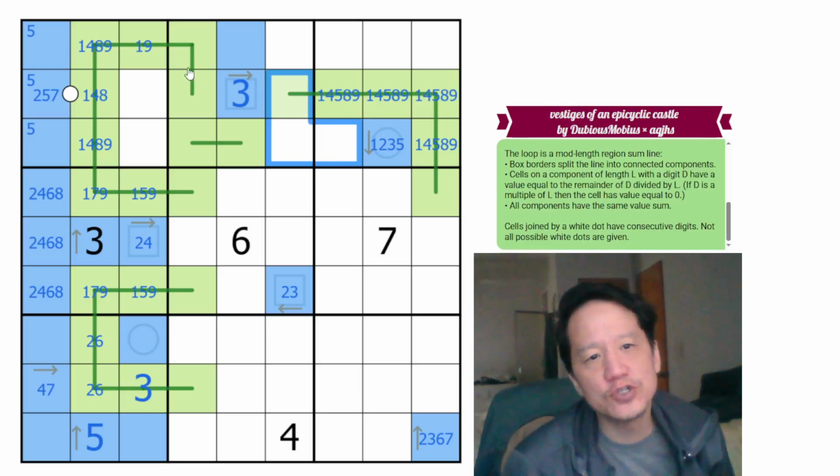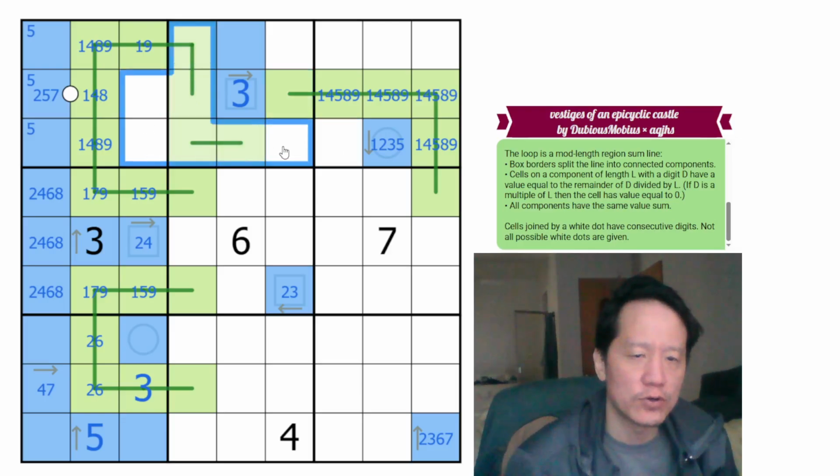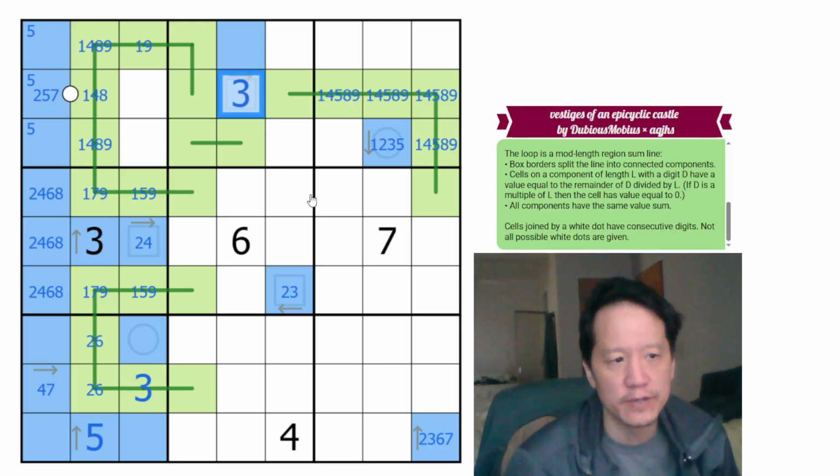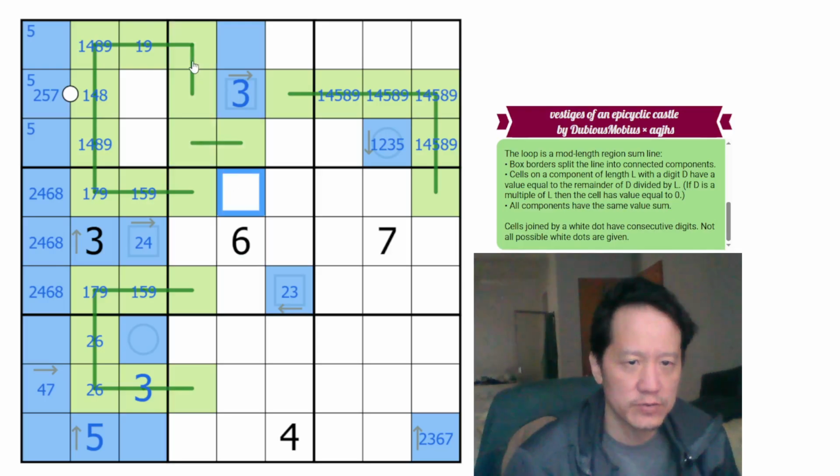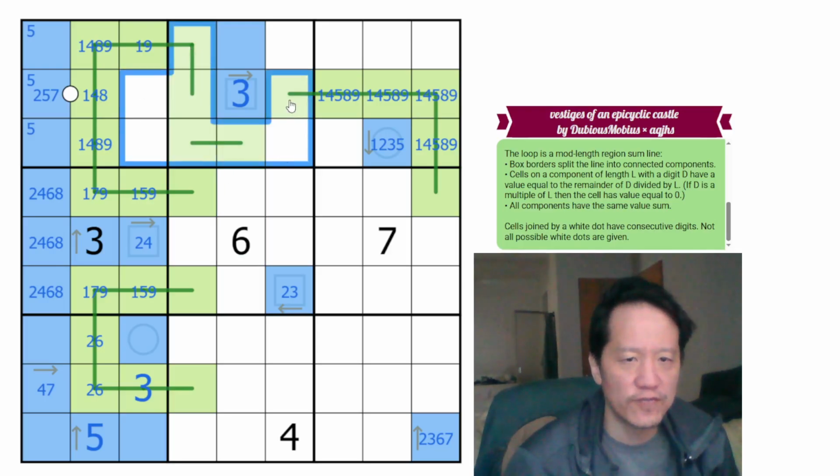Ah, but if this is 2, 2, and 2, that doesn't work, because there's only 5 odds in every box, and this is 3 already. So one of these needs to be 4, and the other needs to be 2. So it's either 4 here and it exits out, or it's 2 here, then 4 here, and then exits out. So it's either 4 this way and 2 this way, or if it's 2 here, 2 here, and then this is 4.